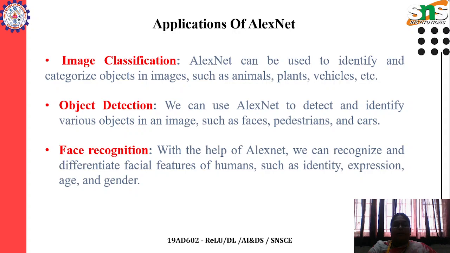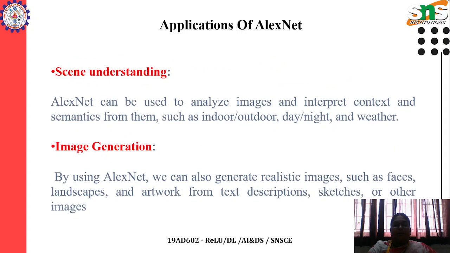Face recognition recognizes the facial features of humans. Scene understanding analyzes images and interprets context and semantics: indoor, outdoor, day, night, weather, etc. Image generation: using AlexNet, we can also generate realistic images like a human face, artwork or sketches. These are the various applications of AlexNet.